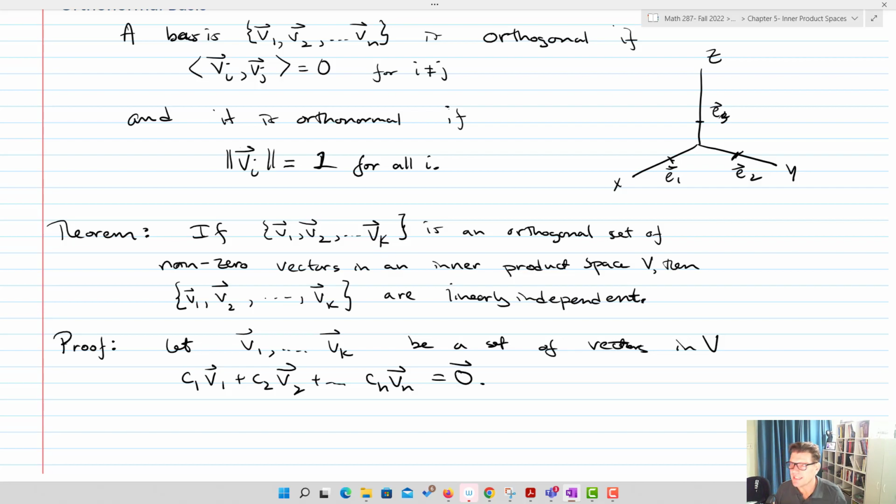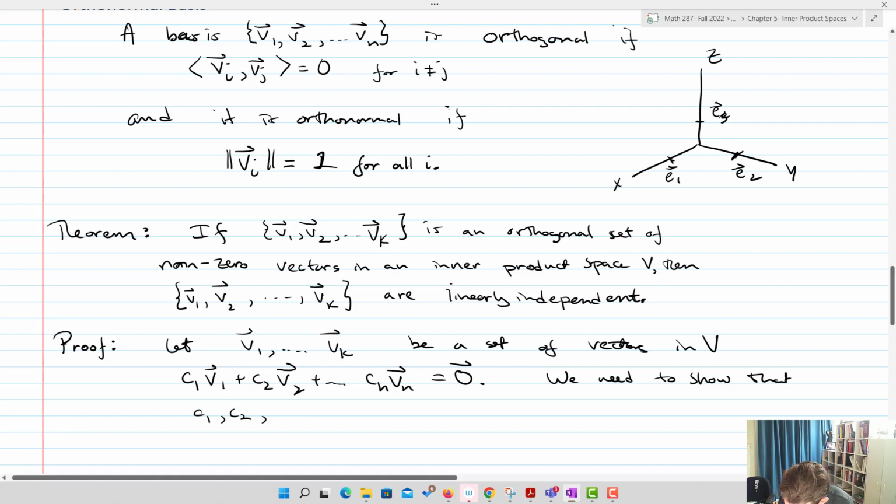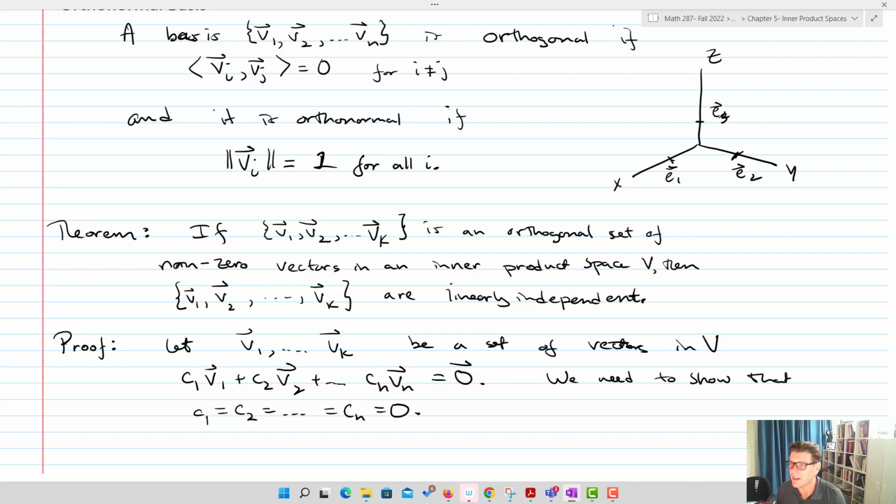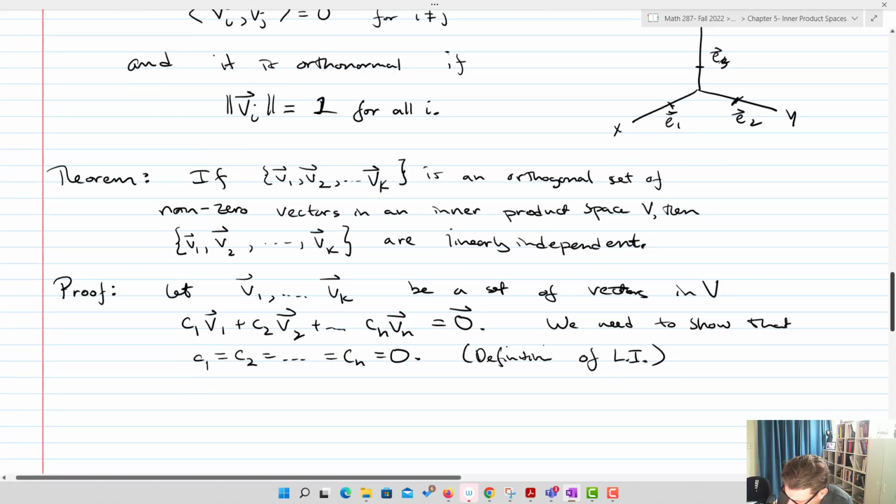By the definition of linear independence, we need to show that c1 = c2 = ... = cn = 0. If they don't all equal 0, then we don't have a linearly independent set. Just as a recall.